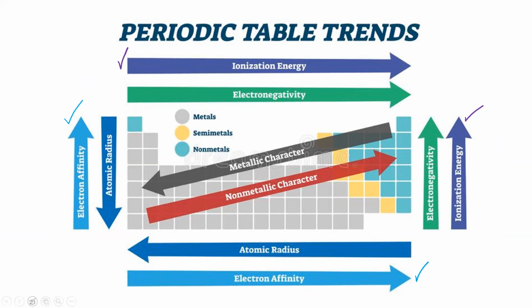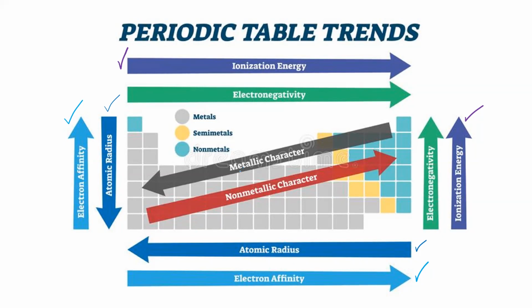And we've also looked at atomic radius, where we have an increase in atomic radius going from top to bottom and an increase in atomic radius going from right to left.